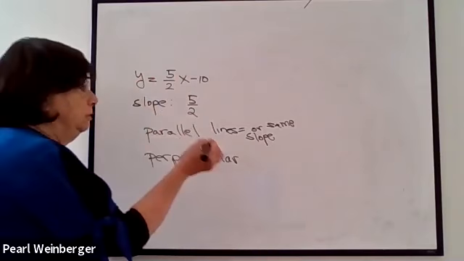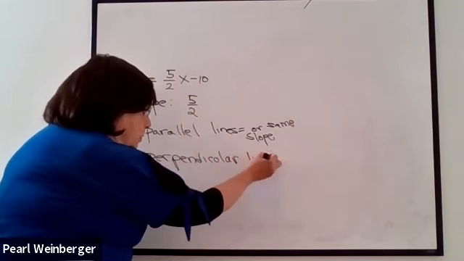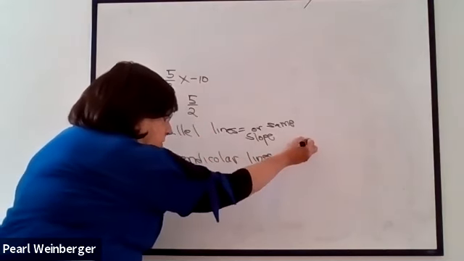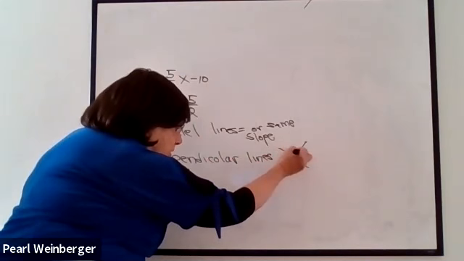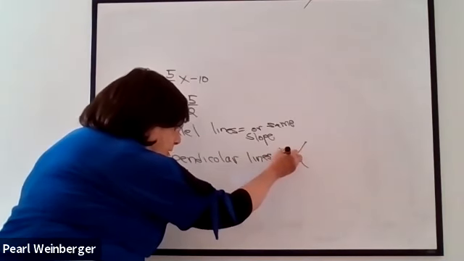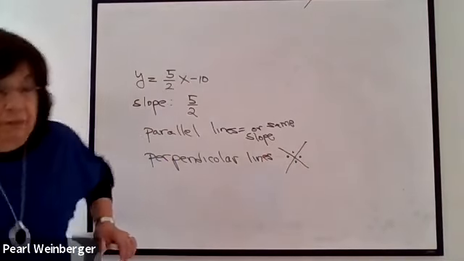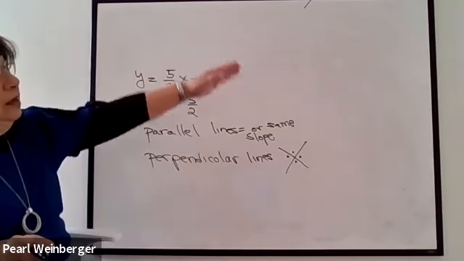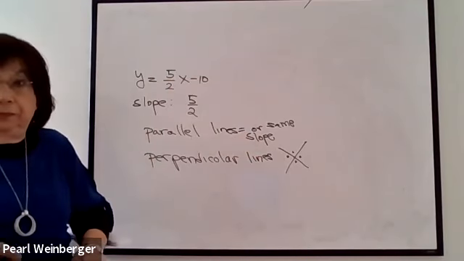Now, perpendicular lines are lines that meet in right angles, something like this. You get these square corners over here. A lot of perpendicular lines in our lives. The corners of the board over here.